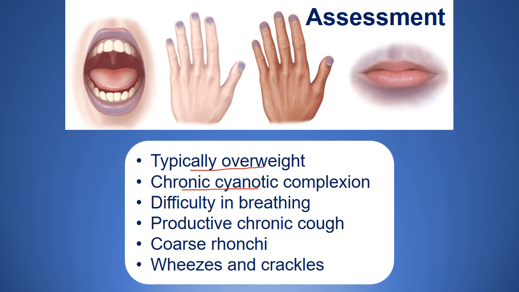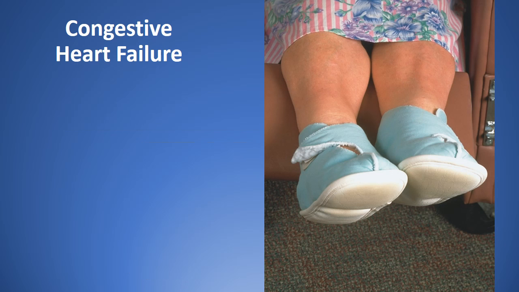So we call those blue bloaters. Many times a productive cough because they're producing all that mucus and the rhonchi, and of course we'll get wheezing and even crackles or rales, which is going to complicate your assessments with other comorbidities.